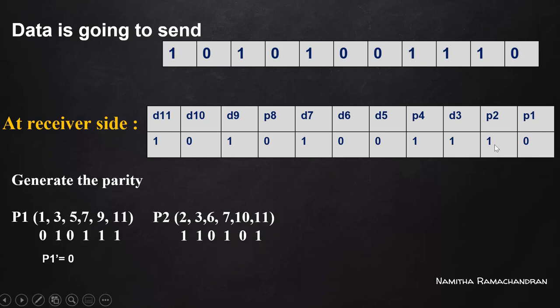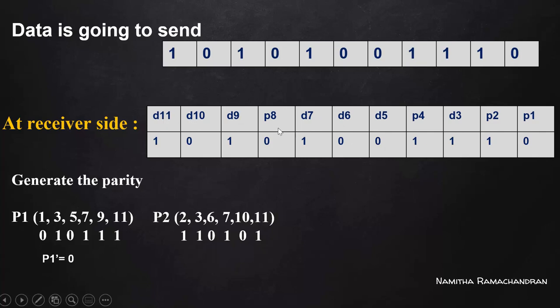Next are the values present at locations whose binary representation contains 1 at the second least significant bit position. So what are the locations? This 2, 3, 6, 7, 10 and 11.